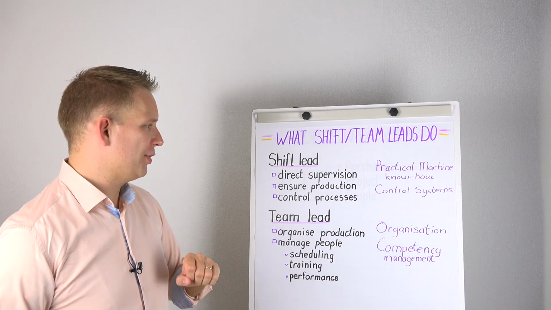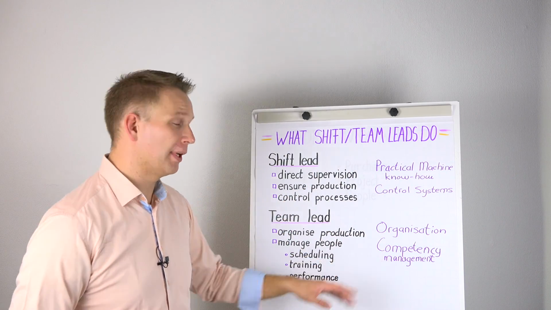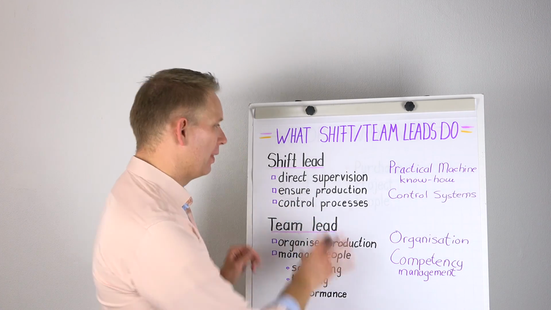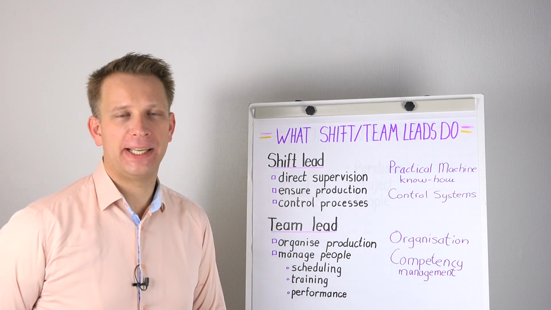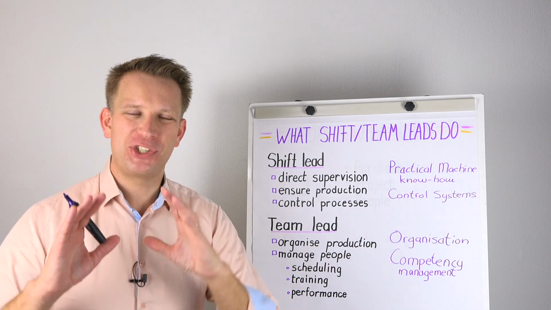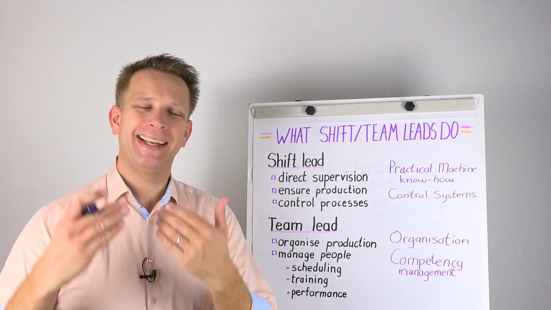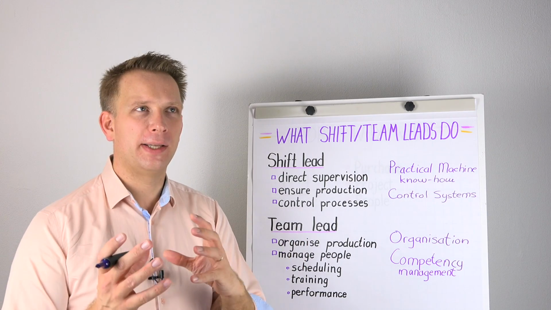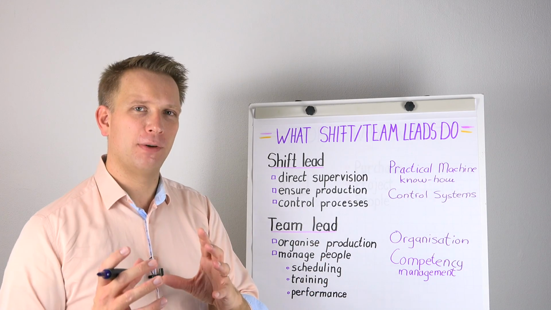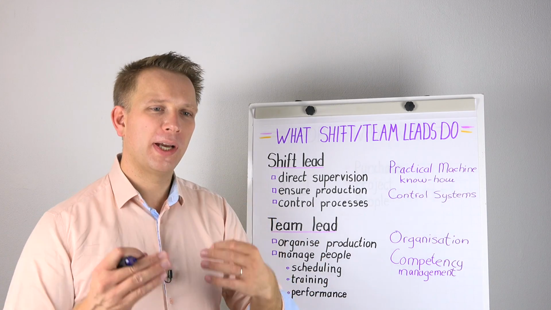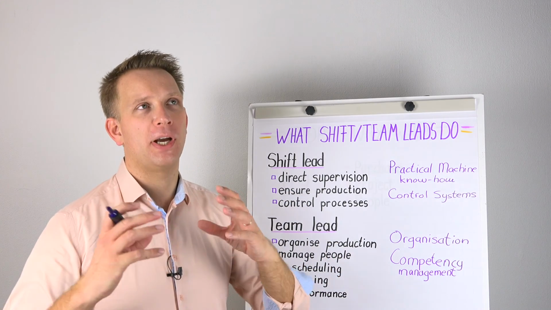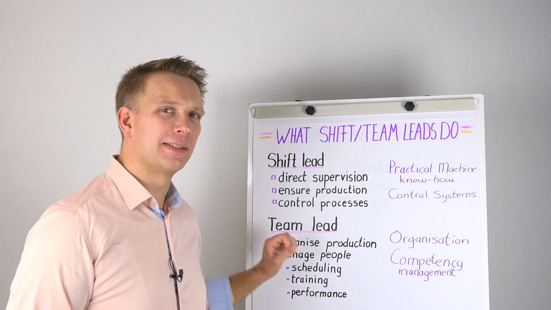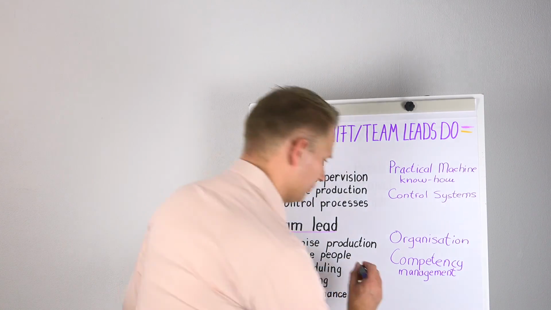So organization, competency management, and influencing people, you can definitely do with team leads, but generally the people that really will help you to know where are the different personalities of colleagues, where are the pain points for production, where are the things that give pride, generally get promoted to a team leader role.